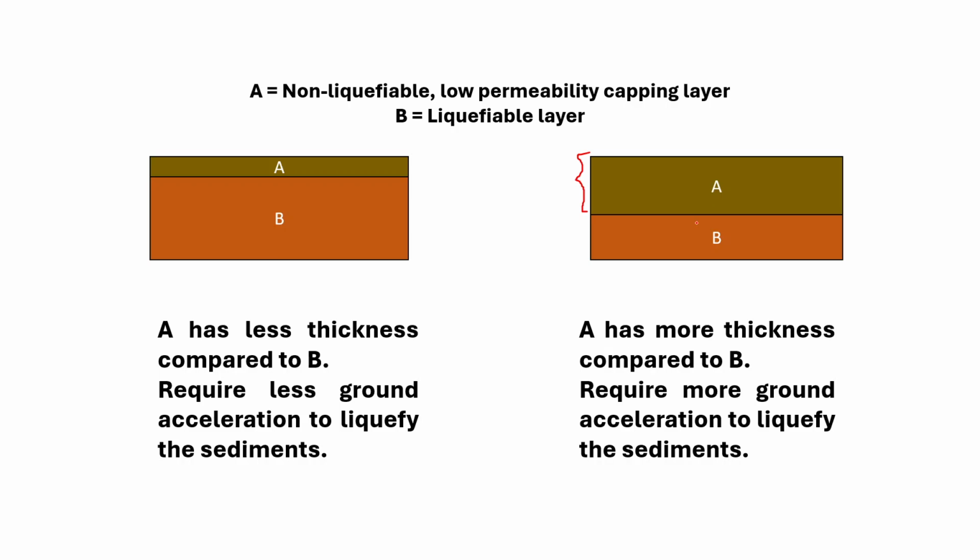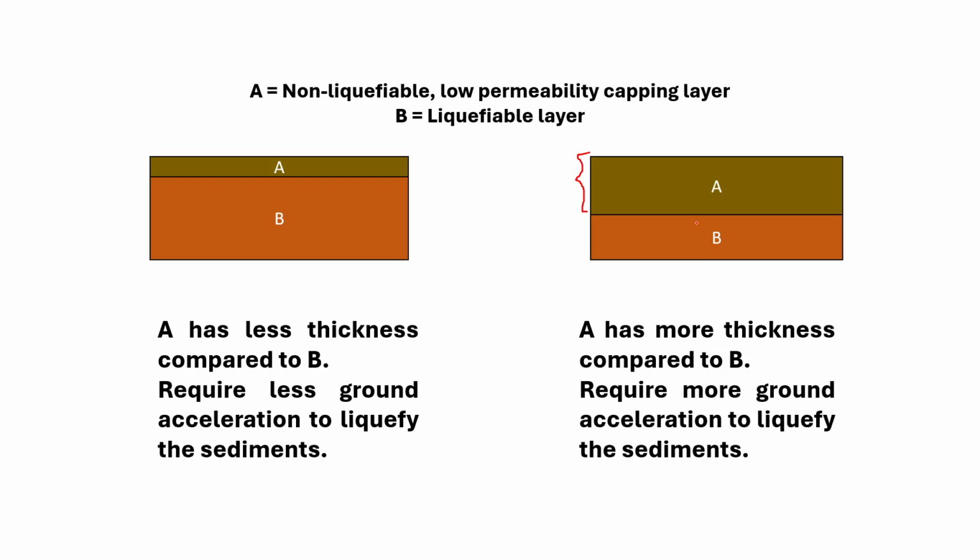So if you can just keep this image in your mind, that will help you in answering such questions. So the capping layer or the top layer, if it has increased thickness, the ground acceleration required for the sediments to liquefy will be more.